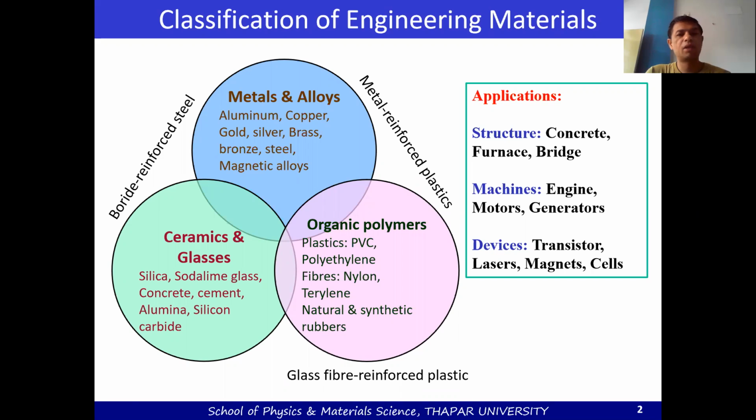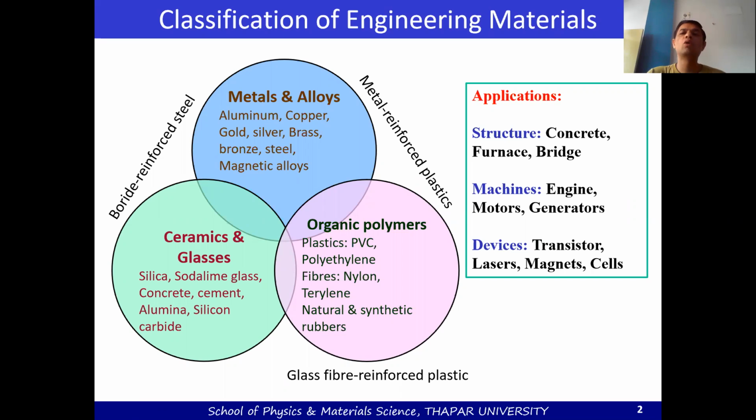The other approach of classification that we will frequently use is based on the application of the engineering material, where you are going to apply it. Based on this, we can categorize engineering materials into three subclasses, namely structures, machines, and devices.